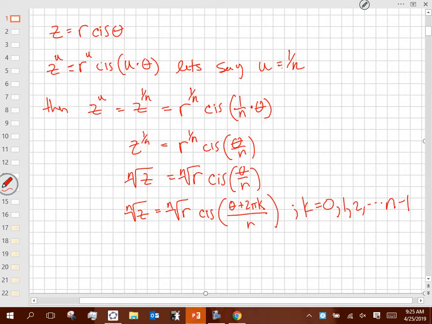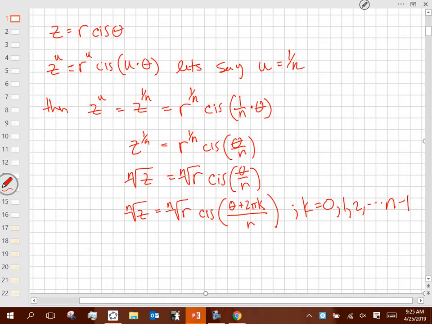Basically, if n is 3, we take theta divided by 3, and you now have a pretty small angle. If you were to add 2 pi k over 3 to that, you're going to get another point inside one revolution of 0 to 360 that will satisfy what we call the nth root of z.